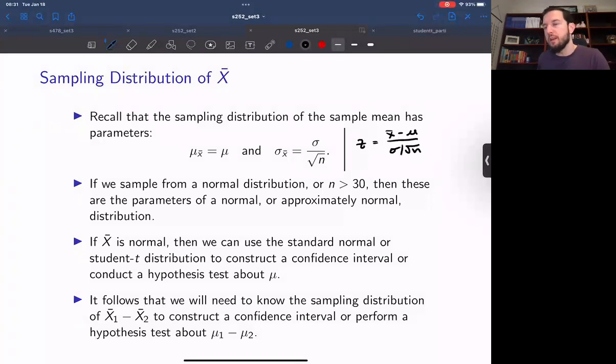So you can see here that a test statistic is just a standardization of X bar. And you standardize X bar using the parameters of the sampling distribution of the sample mean.